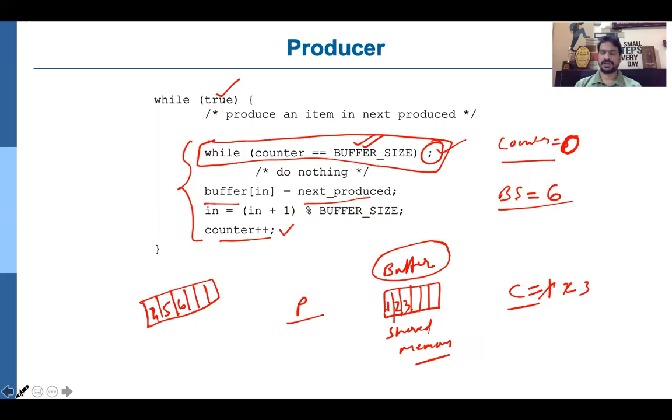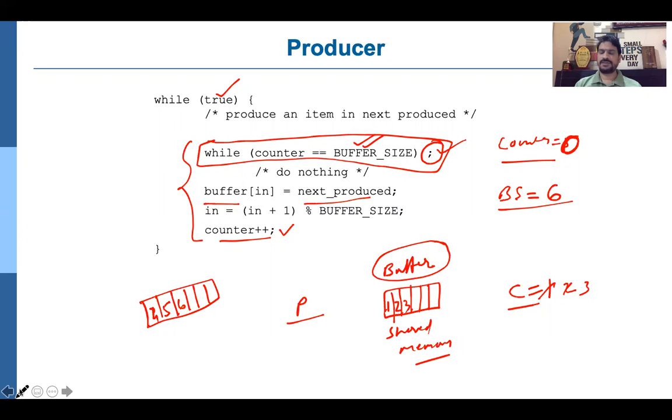Let's say two people are talking to each other: if one person talks, the other has to listen. If the other person is talking, then this person has to listen. So between them there should be some sort of synchronization.